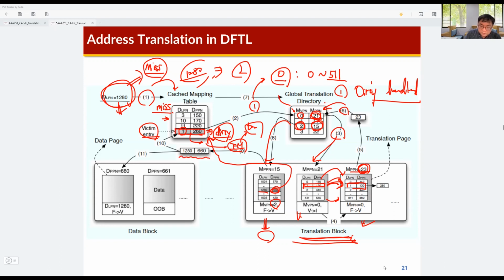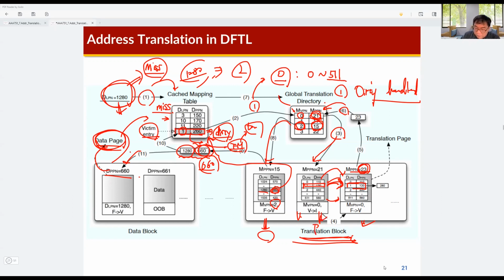This is the information: 1280 is mapped to the physical page address of 660. Then we access 660 here, and this data page is serviced to the host.